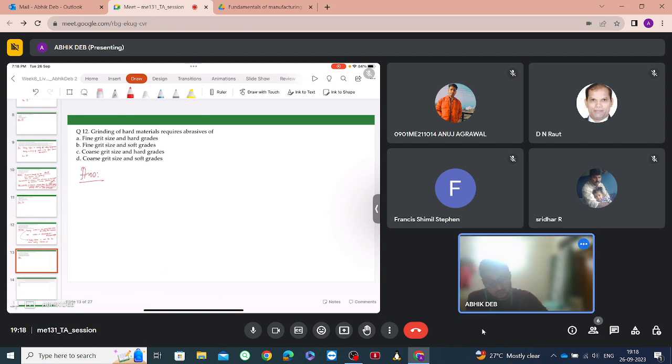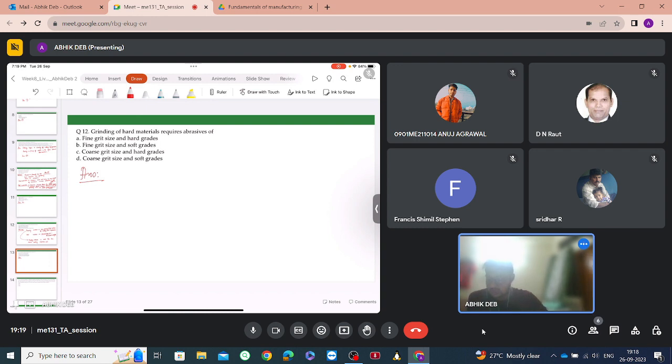Okay, so you are basically talking about the contact area, not the hard material. Yes, sir. Even for a soft material, if the area is large or small, it will decide if it is finer grit or coarser grit. It is not related to the material condition being hard or soft. It is the area.